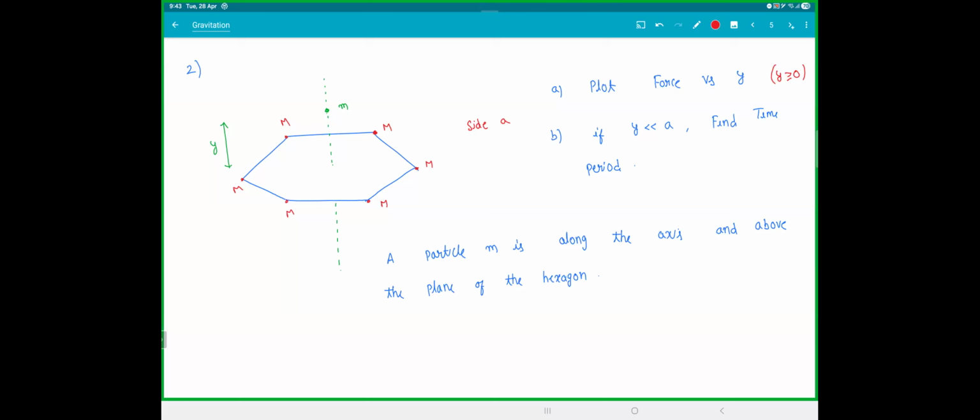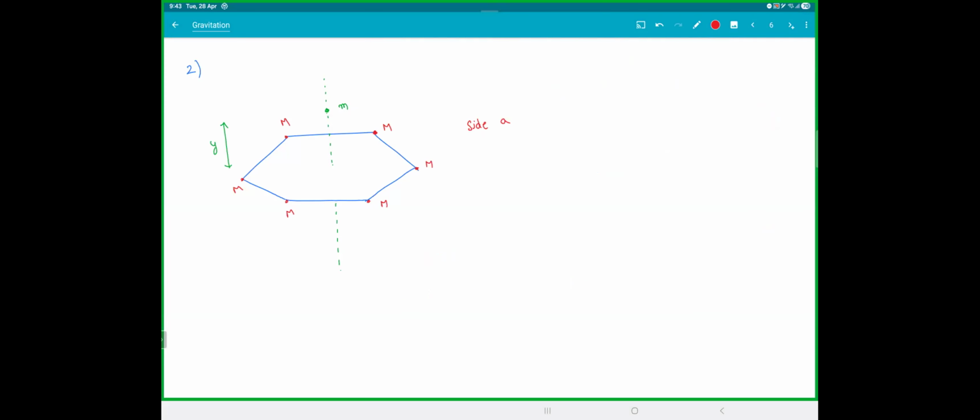Chalo, let's start off. How do you find the force as a function of y? So let's take due to any one of them.